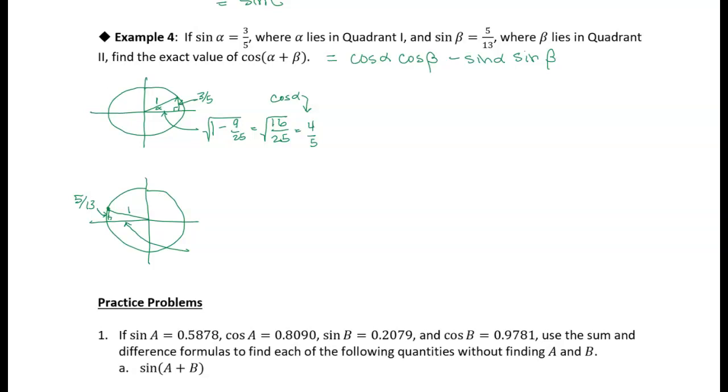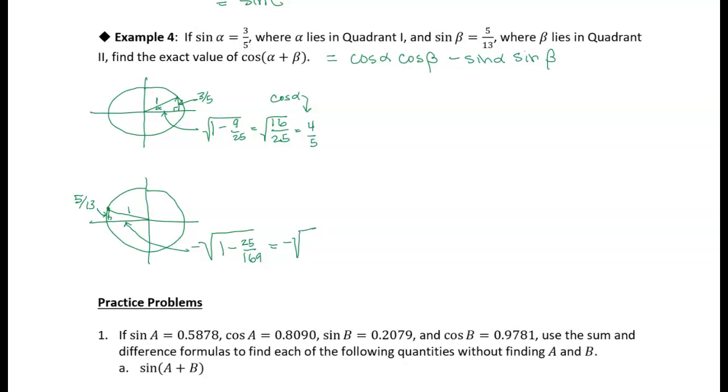Now we have to keep in mind, though, that now we're in the second quadrant, so the cosine is negative in that quadrant. Okay, so we're going to get the negative square root of 1 squared, the hypotenuse, minus 5/13 squared, which is 25 over 169. Okay, and then we can simplify that. We're going to again get the negative square root.